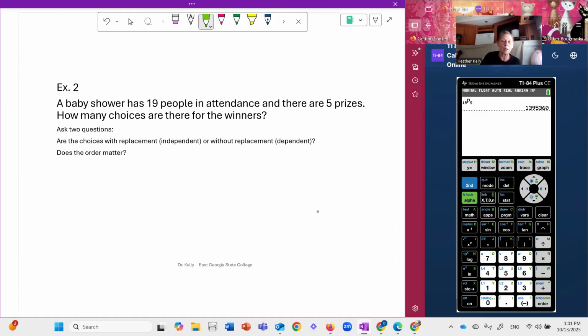So does the order matter? No. And when the order doesn't matter, we use the nCr. Here again, our n is equal to 19 and our r is equal to 5.